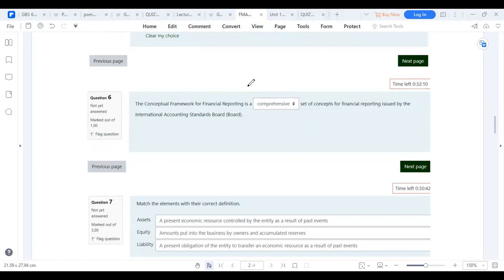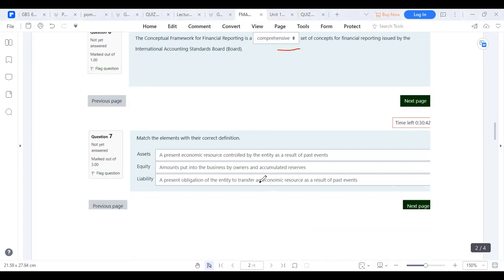Then when we go to question number 6, the conceptual framework for reporting is a comprehensive set of concepts for financial reporting issued by the International Accounting Standards Board. So it's comprehensive.